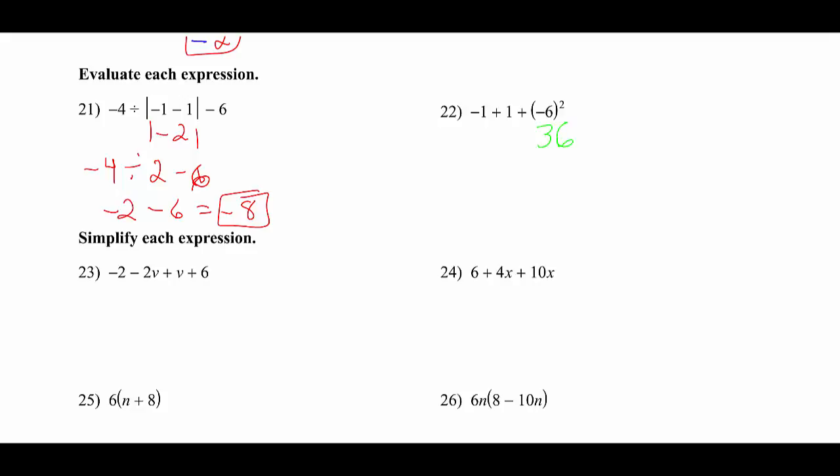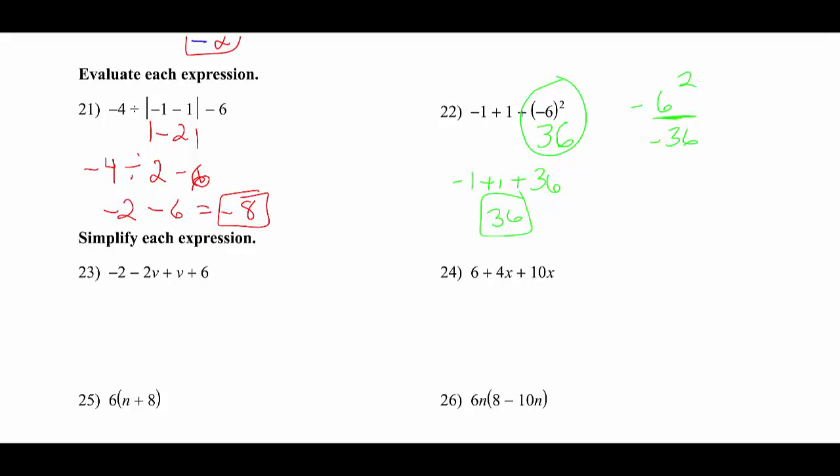If this was -6 squared without any parentheses, we would say 6 squared is 36, and then we would put the negative in front of it. But that's not what's happening here. Since the negative's inside parentheses, it switches to positive 36. So we're doing -1 plus 1 plus 36, which means that this is 0 plus 36, which is just 36.